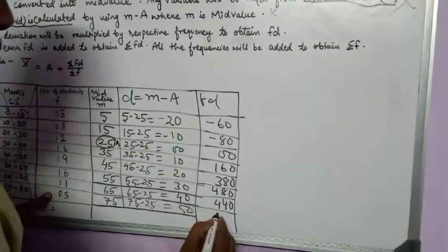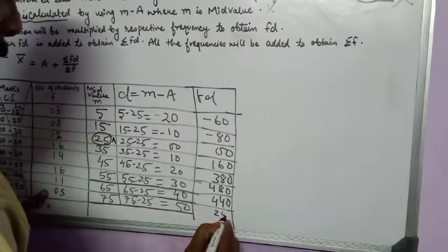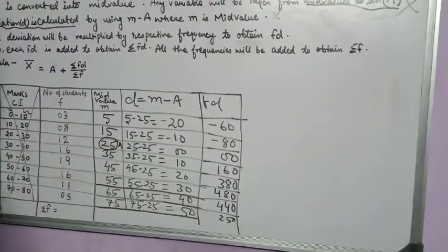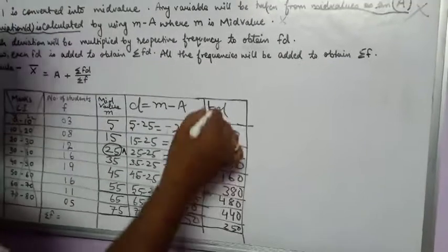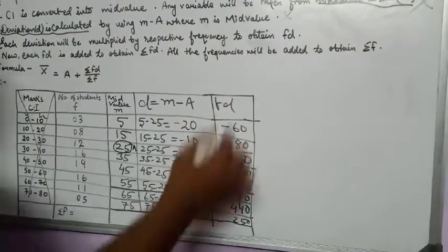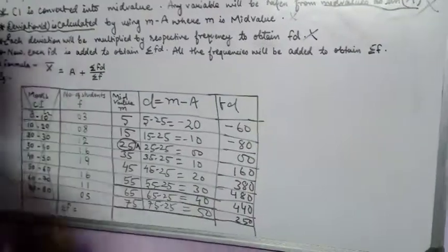Now 225, 250. Clear? So in this way we have calculated FD.